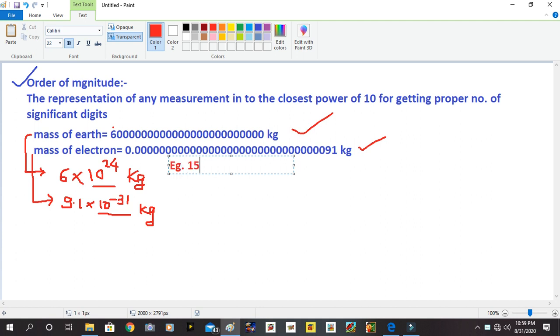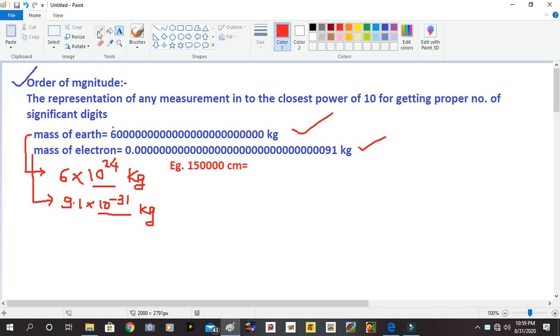Suppose I have one calculation: 15000 centimeter. Now look at it. You have to concentrate on the first digit. When the first digit is less than 5, I am repeating, when the first digit is less than 5, then the decimal point should be shifted after that digit. So it should look like 1 point then 5.